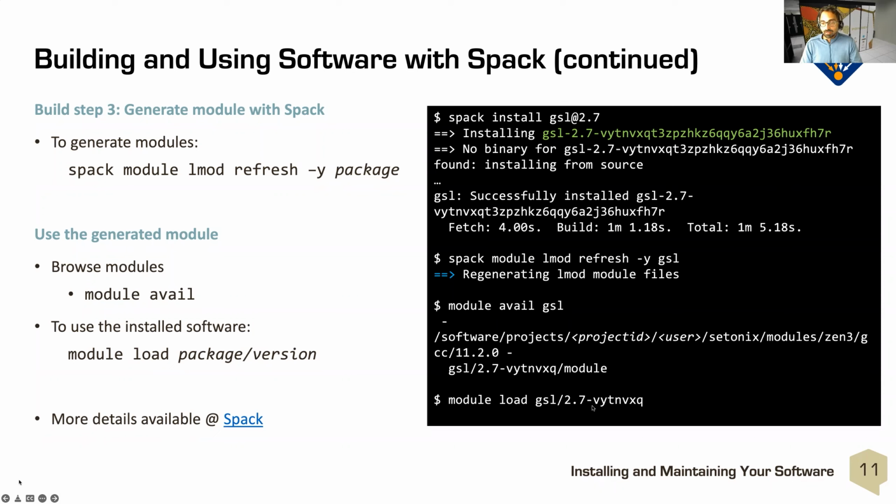So GSL 2.7 and a hash, and you would see that this is slightly different from the modules that we provide, where if we do provide GSL, usually it would just be GSL and the version and not a build hash. Again, more details of how Spack does the module construction and some configuration options are available in our documentation and also on the Spack website.